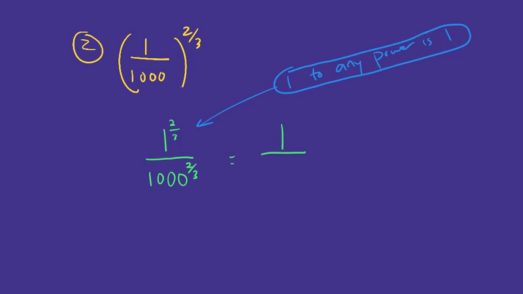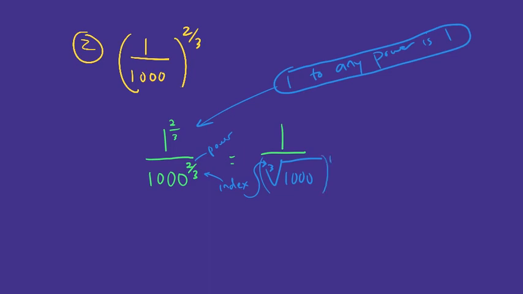And then with the bottom, we'll still continue to think of the top number as the power, the bottom number as the index, and we'll make it the cube root, because that's our index, of 1,000.